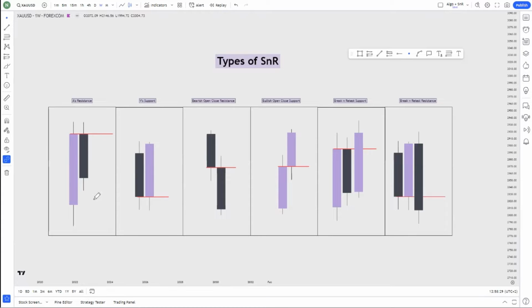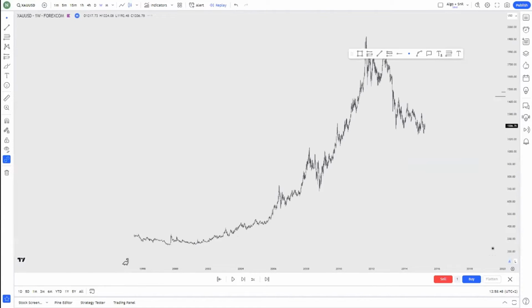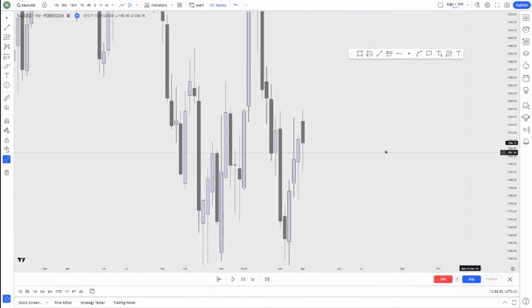So as I said, when the market is moving, it's always going to present one of these four candlestick formations. So let's just look at this right now.